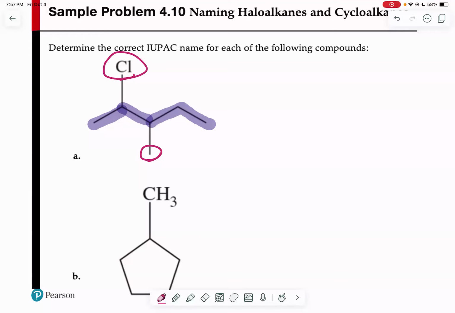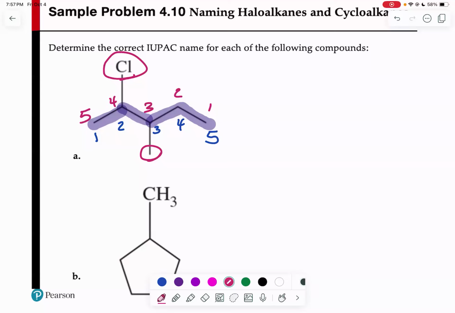Now, I want to number my parent chain carbons so that the substituents have the lowest numbers possible. I could start from back here and go 1, 2, 3, 4, 5, or I could start from the other end, 1, 2, 3, 4, 5. So I look at my substituents and what numbers they are getting.